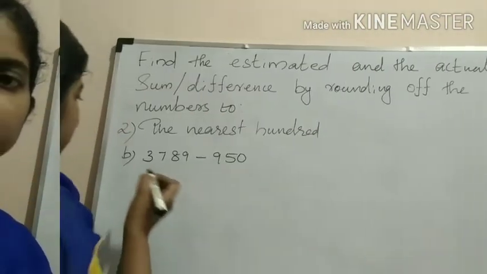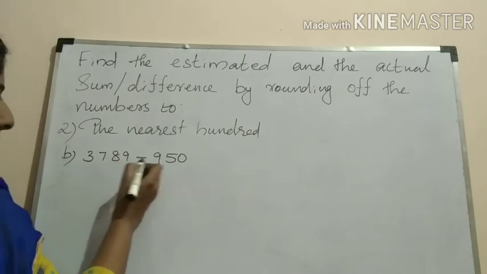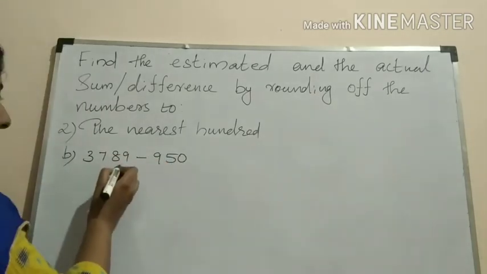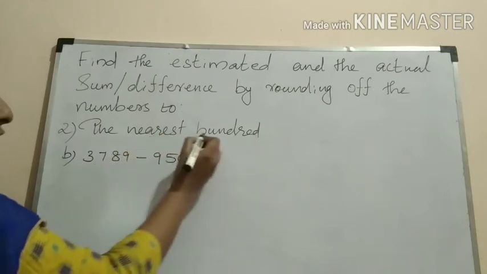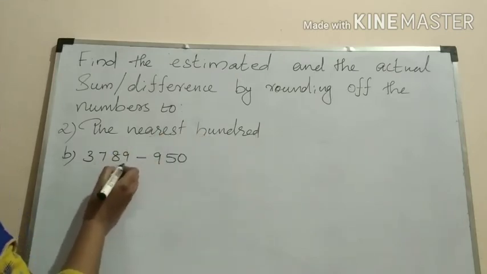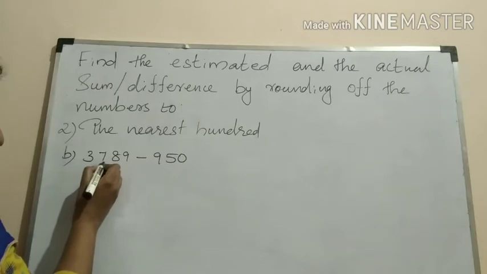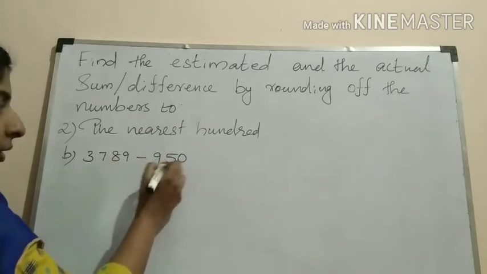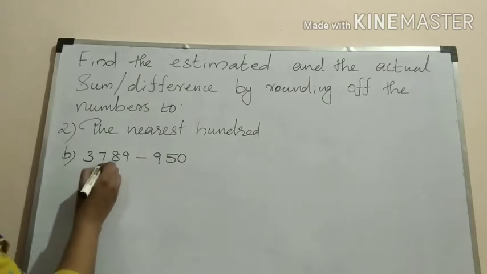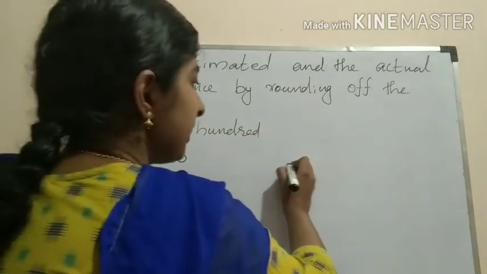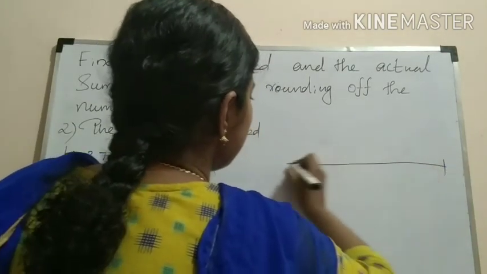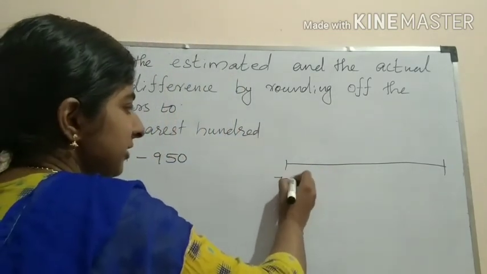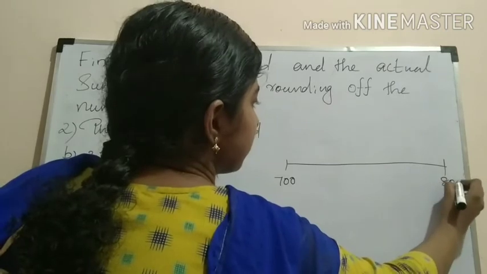Okay. Question number B. 3,789 minus 950. Here also we take nearest to 100. That means we take only up to hundreds place. Ones, tens, hundreds. That is 789. There are only 3 digits in 950, so we take the whole number. First 789. 789 lies between which two numbers? 700 and 800.